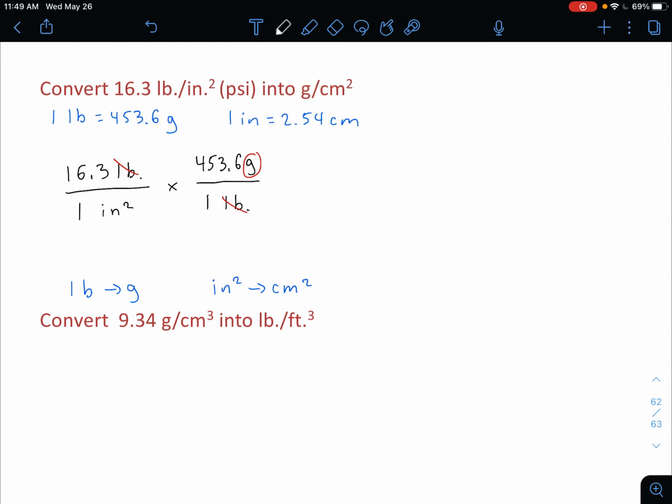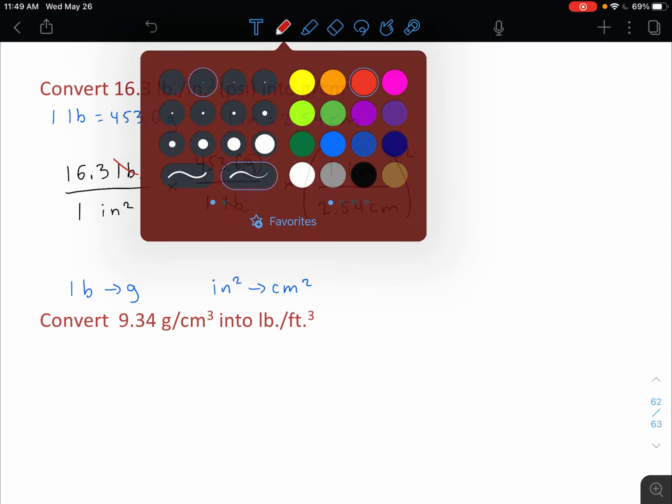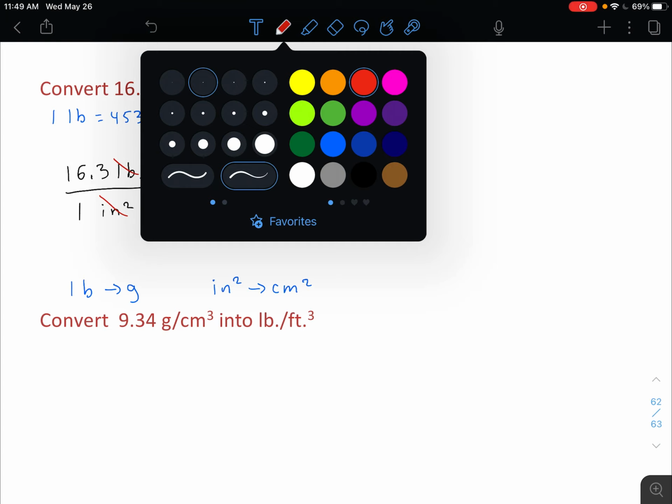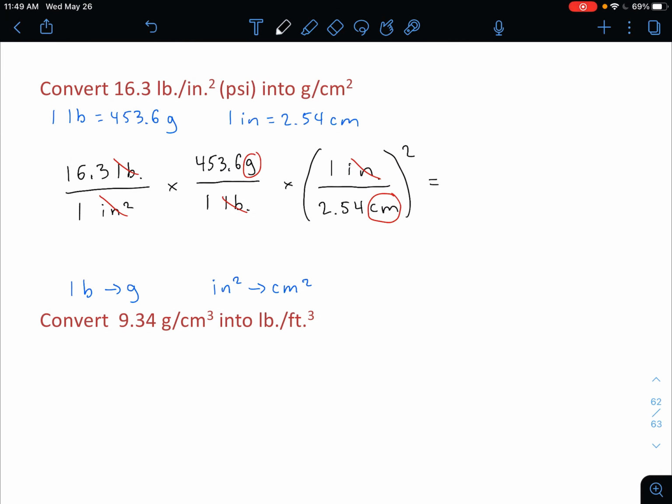That's good. Now I want to get out of inches squared and into centimeters squared. So 1 inch, 2.54 centimeters, quantity squared. So now inches squared will go with inches squared, and I'm left with centimeters squared. That's the plan. Let's see what we get here.